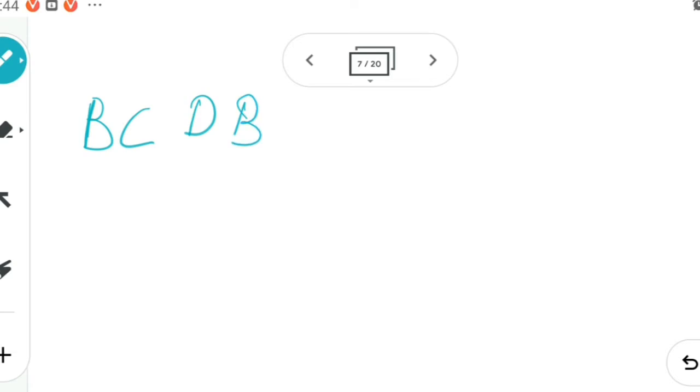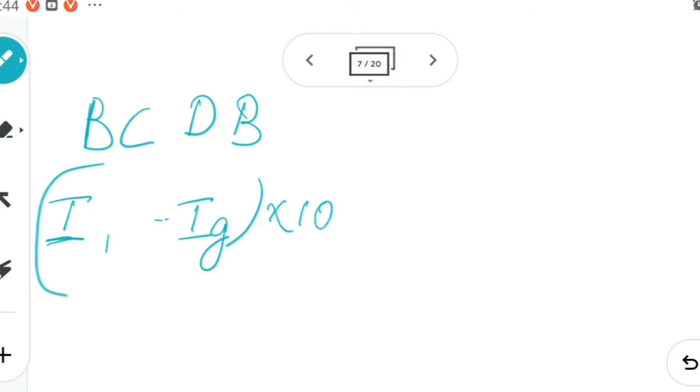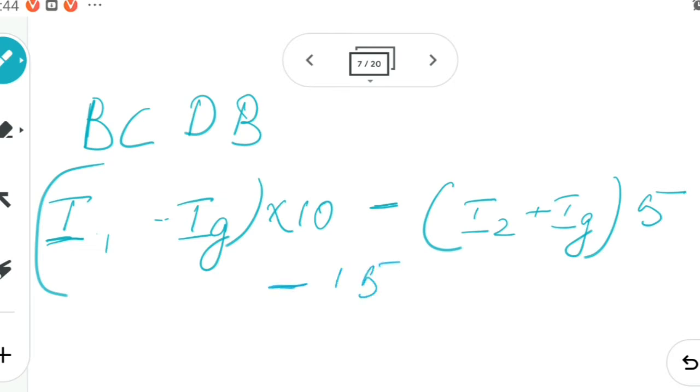So we have (I1 minus Ig) into 10, minus (I2 plus Ig) into 5, minus 15 Ig is equal to 0.